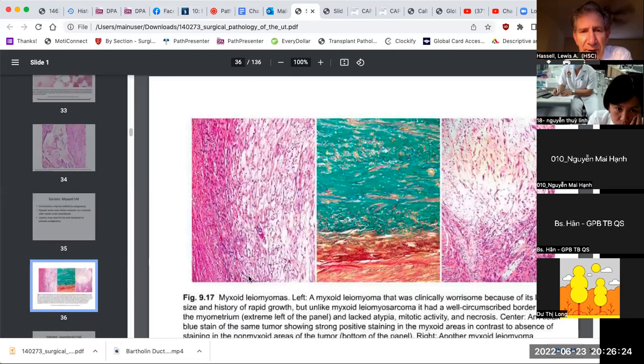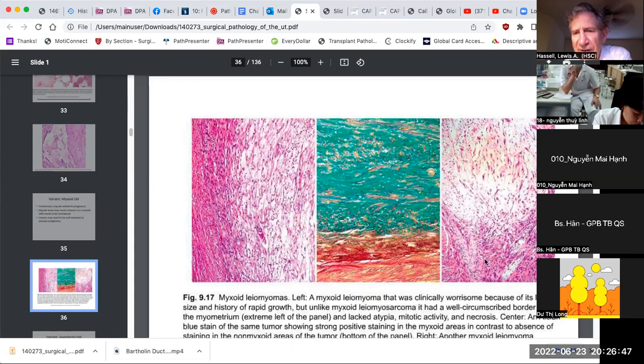Well, myxoid leiomyomas usually will have a more defined border, but it may be a little bit vague because of this myxoid appearance. Here's a special stain to bring out the increased amount of hyaluronic acid in these lesions.